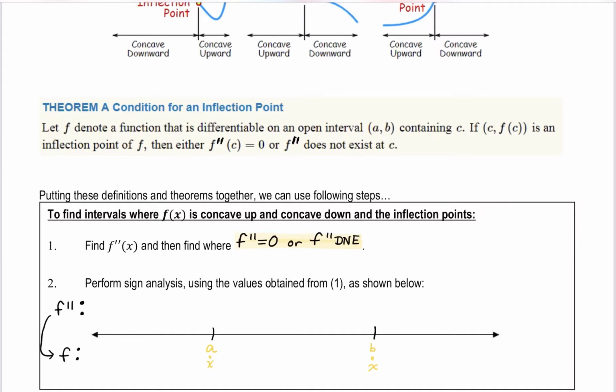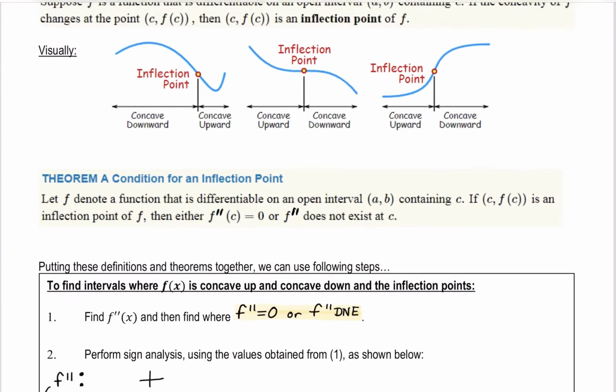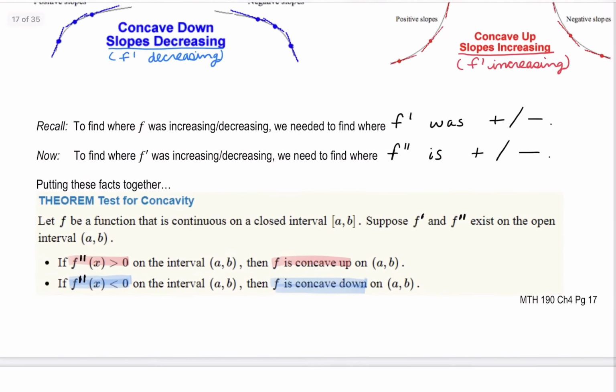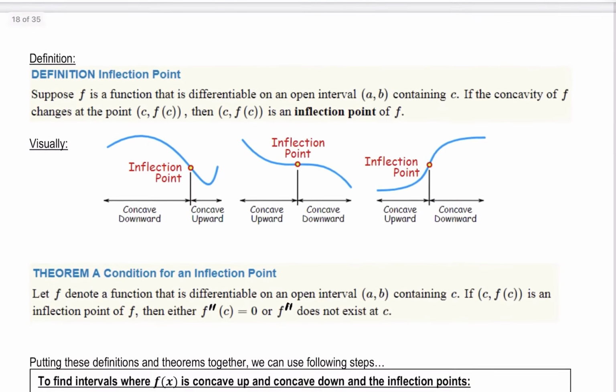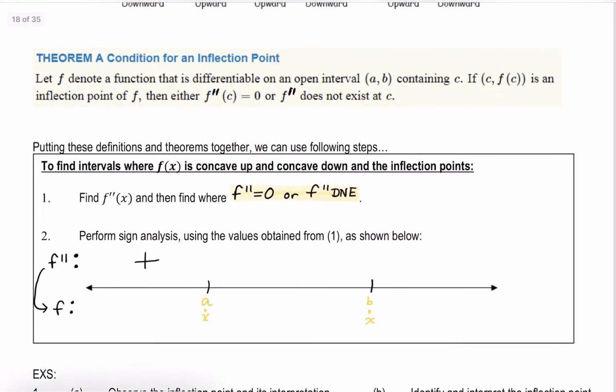All right, so places where your second derivative, let's say we start off positive. Going back to our line of logic up here, where the second derivative is greater than 0, that is where f prime is increasing, so f is concave up. So when the second derivative is greater than 0, this is where f is concave up.